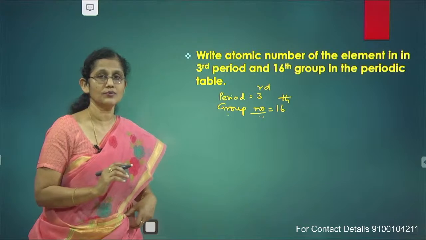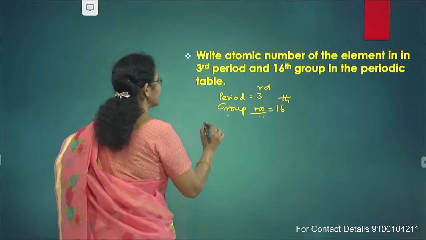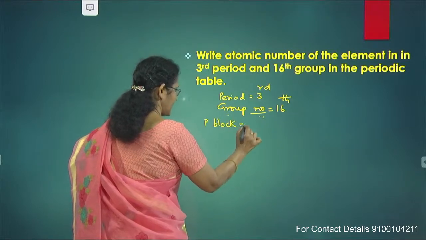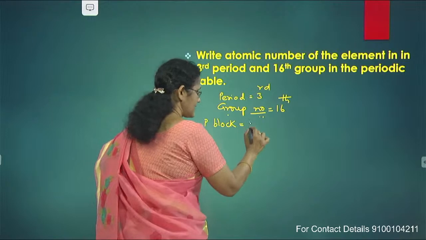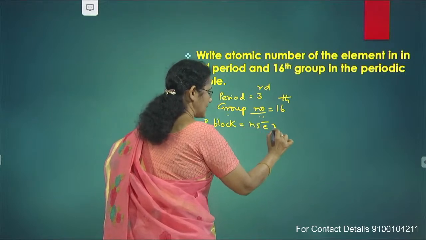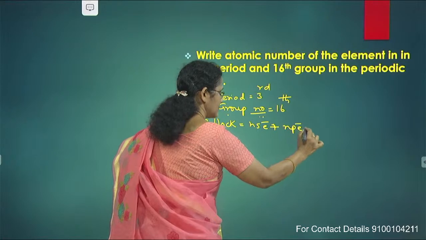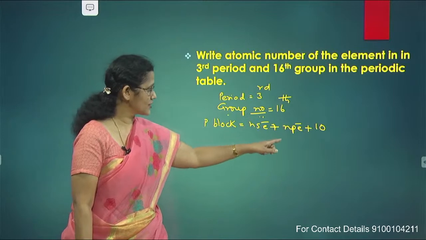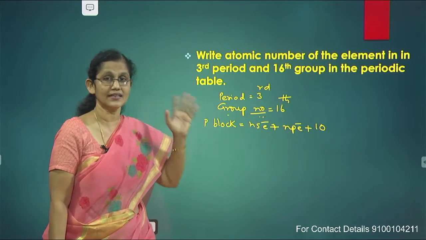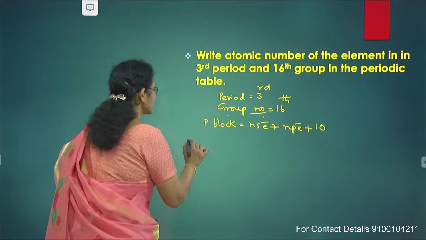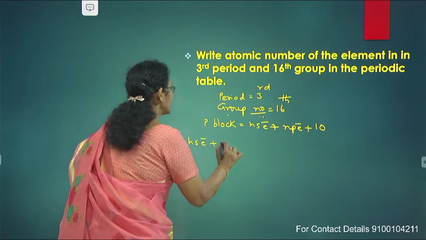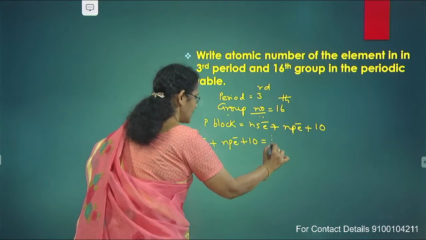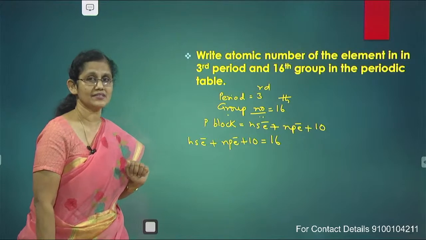In p block, how to calculate group number? ns electrons plus np electrons plus 10 is equal to 16.